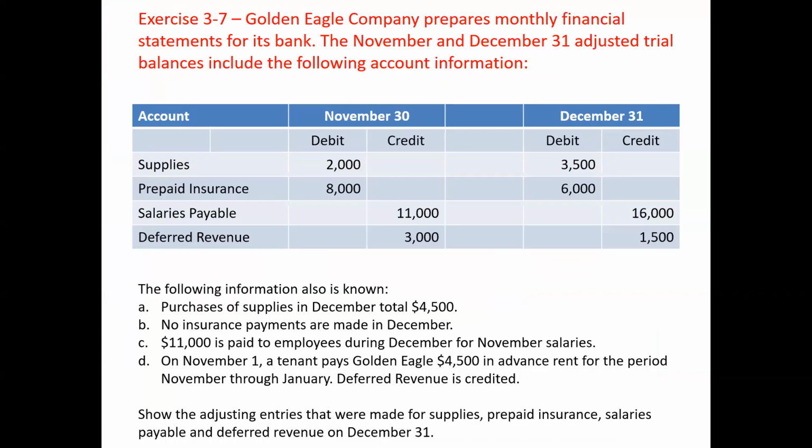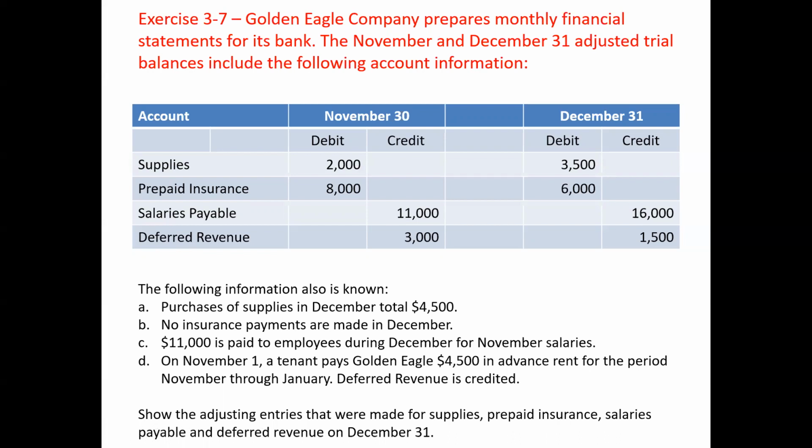So here we're going to look at, on November 30th, here are our balances. On December 31st, here are our balances. It's telling us that we purchased supplies in December that totaled 4,500. So let's just look at it this way, guys. Let's pretend this is a supplies account.